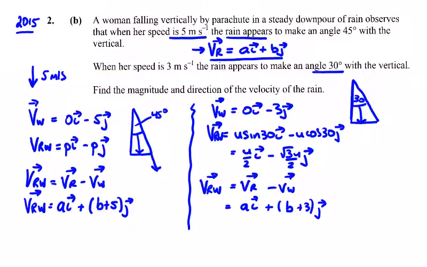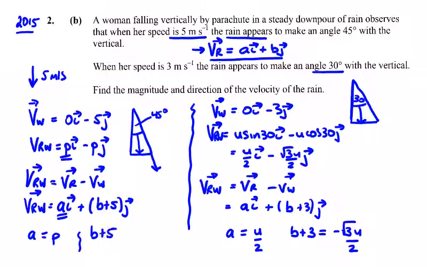So if we equate these, we're going to get a is equal to u over 2, and we're going to get b plus 3 is going to be equal to minus root 3 u over 2. And on this side, we can say that a is equal to p. We're equating this one and this one. And we can say b plus 5 is equal to minus p.